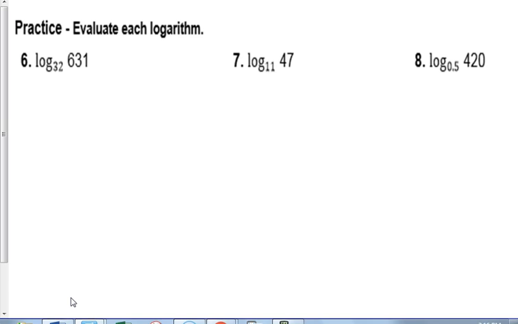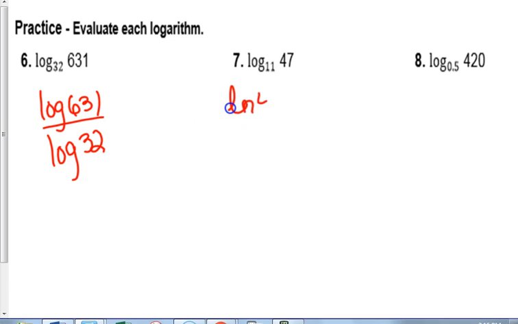I need you to type these three in your calculator. You have 30 seconds. Go. For the first one? Yep. I'm just showing the way I would do it.